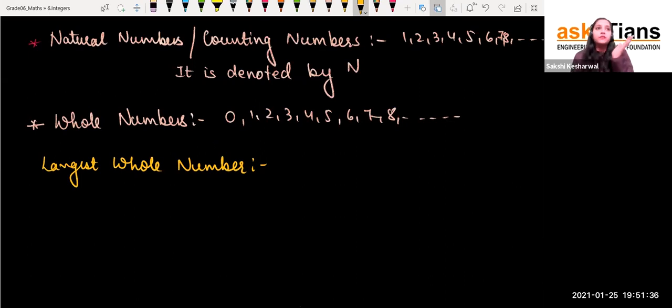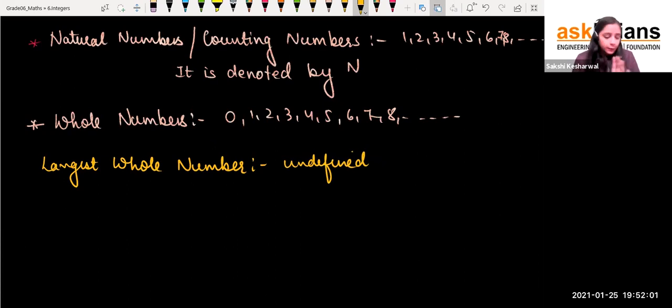Infinity means a very, very large number, but that large number is not fixed. Let us suppose I say the largest number is 10 Arab 25 lakh, something like that. You just come and add 1 to it, and the number becomes larger. So it is basically undefined, or we can say infinity. Infinity is not a number here.